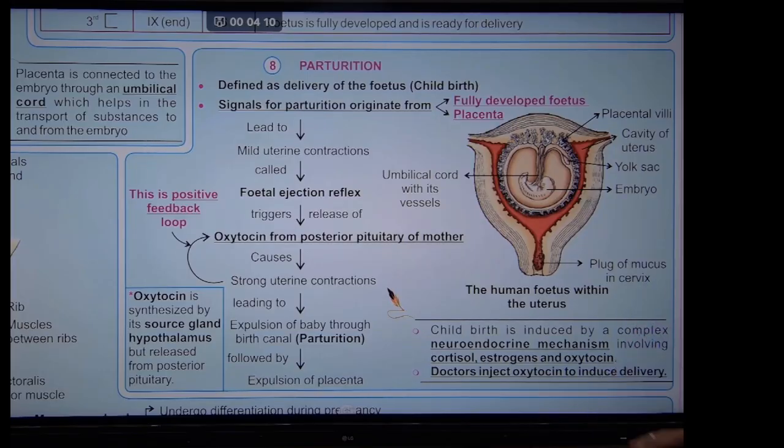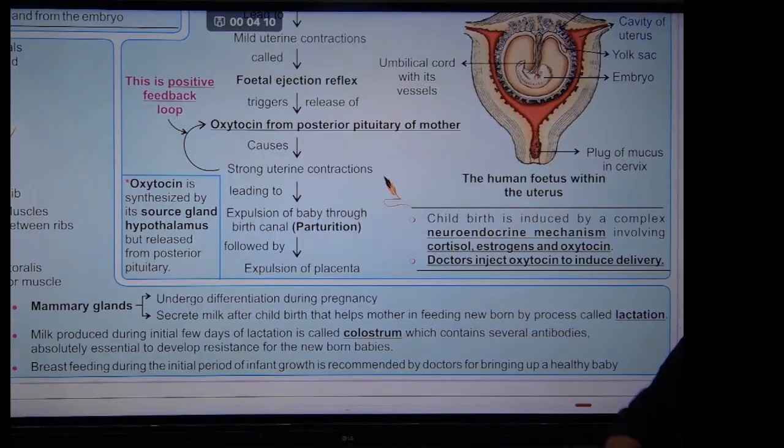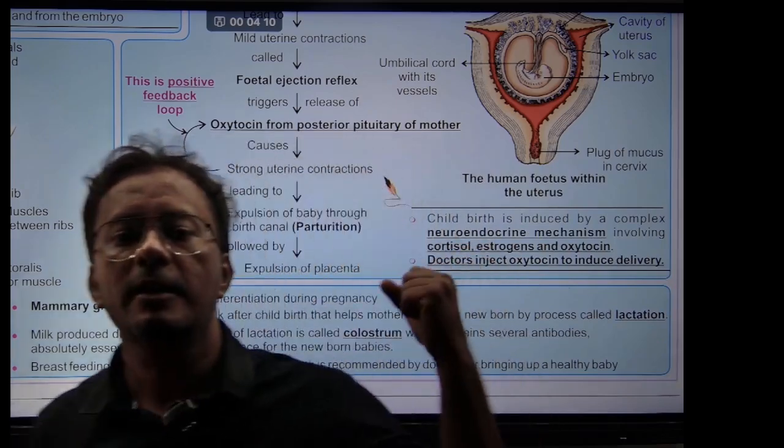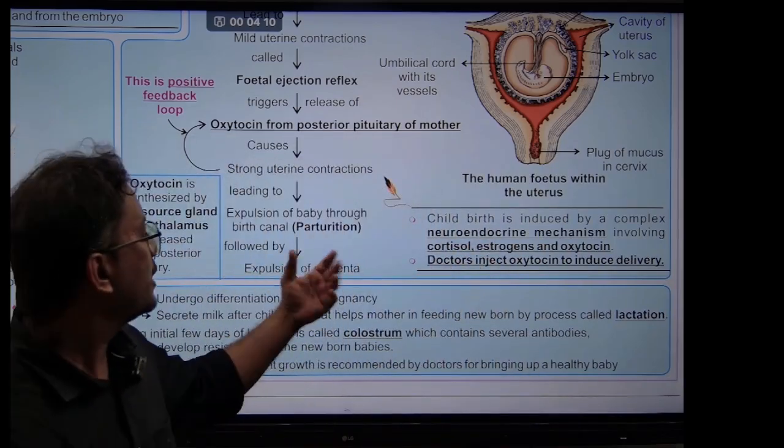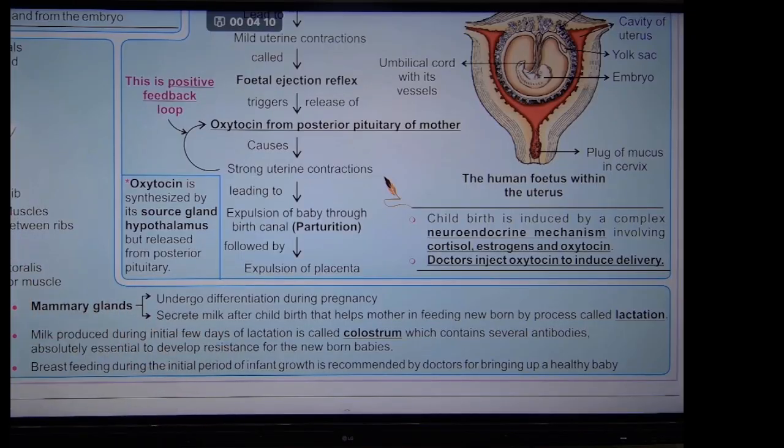So, finally comes a time where the baby is expelled out through the birth canal, which is called as parturition, and after the delivery of the baby, the entire placenta will be removed, which is called as the stage after birth or the placental stage.